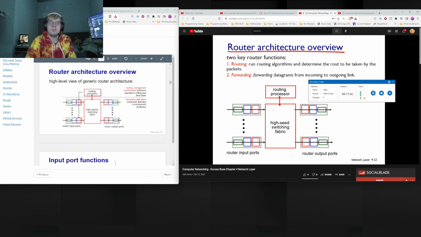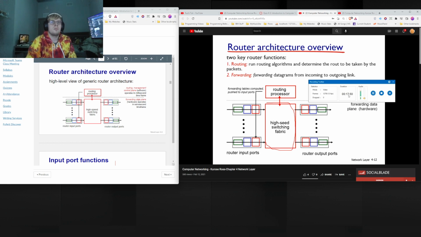If you see over here, we have the switching fabric at the center, then a routing processor, and then the input ports and the output ports. This is how the internal architecture of the router looks. Let's understand the function of each part in detail.